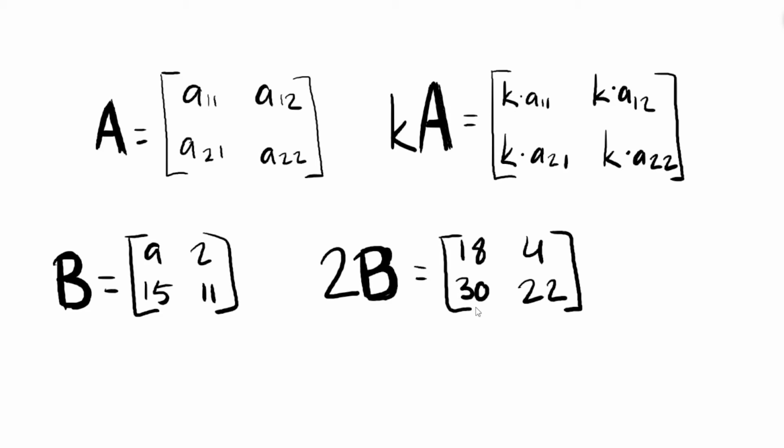So if we have this matrix and multiply it with 1/2, that would give us this matrix. Because then we would have 18 times 1/2, that is 9. 4 times 1/2 is 2, and so on. So it can be very useful to simplify a matrix.